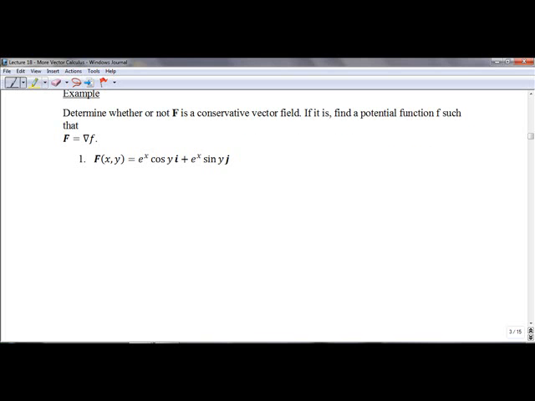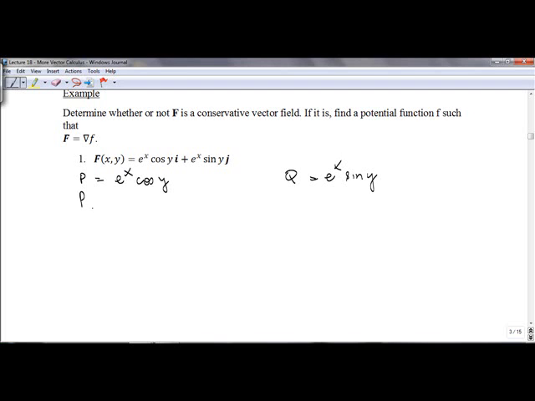All right. So what I want us to do is to write out what P is and what Q is. So P would be the first component, e to the x cosine y. Q is the second component, e to the x sine y. Now find the partials.